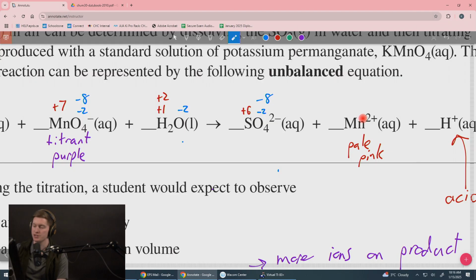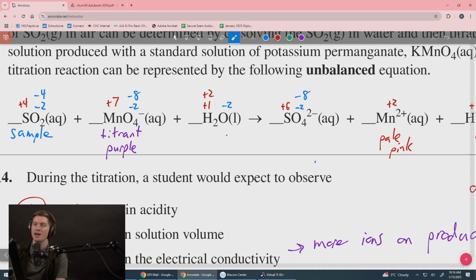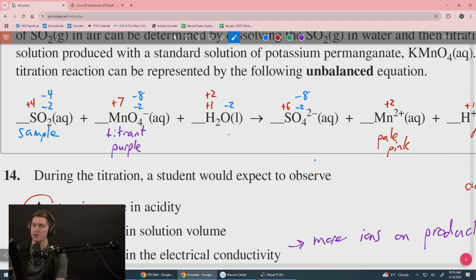Manganese 2+ is just an ion, so it's got a +2 oxidation state. And our hydrogen ions are just an ion. They have a +1 oxidation state. Hydrogen's not changing its oxidation state, neither is oxygen. On both sides of the reaction, the oxygen has a -2, and the hydrogen has a +1.